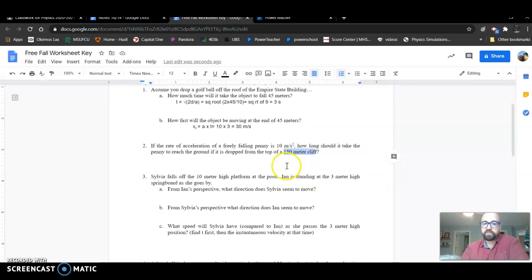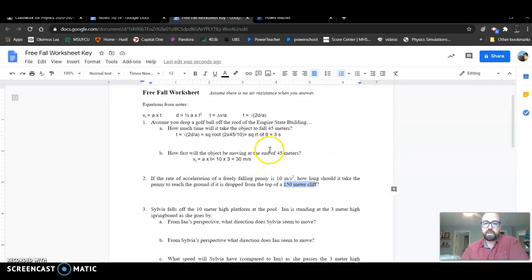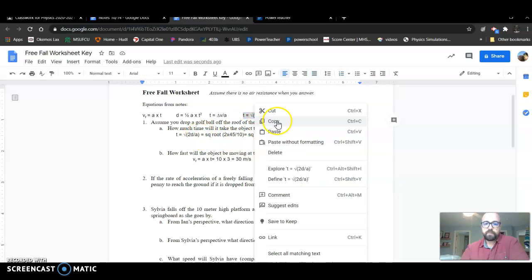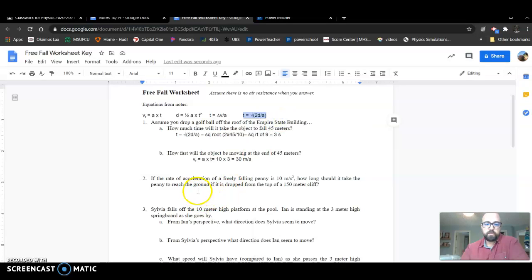And again, they're just making up a formula. So this is really the same thing that you did right here with 1A. So we just have to use that formula again and plug this in. So then that becomes square root of 2d, so 2 times 150, so that's 300 divided by 10, the acceleration.